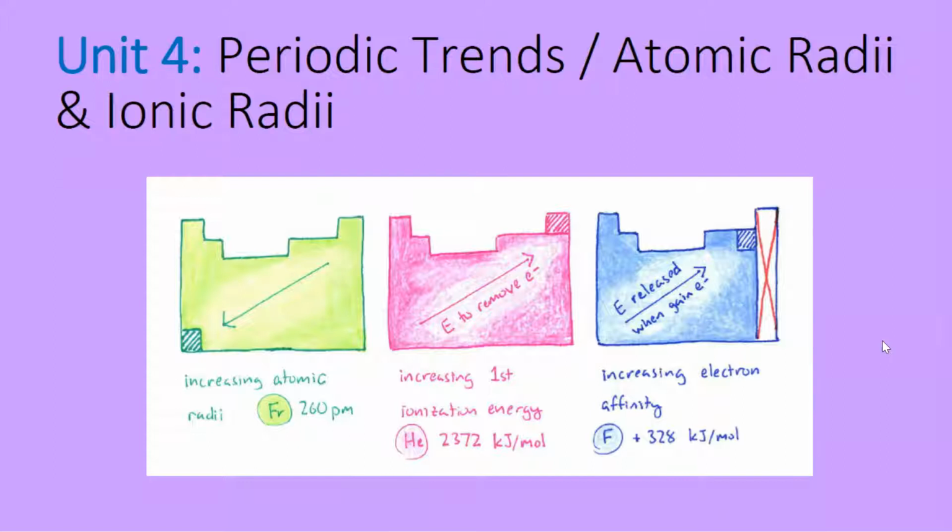Hello. Unit 4 deals with the periodic trends of the elements, and in this video, I want to tackle the next couple of trends, which are atomic radii and ionic radii.